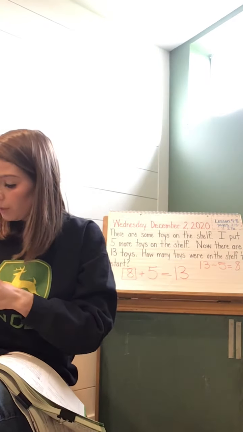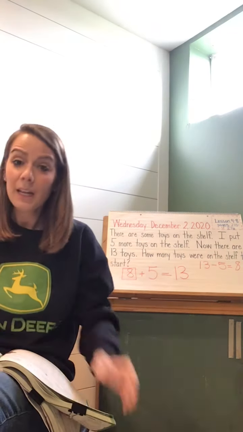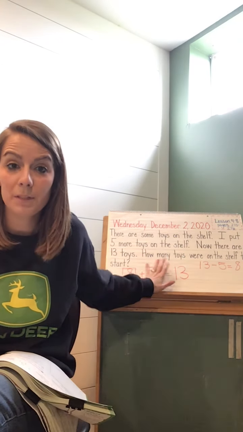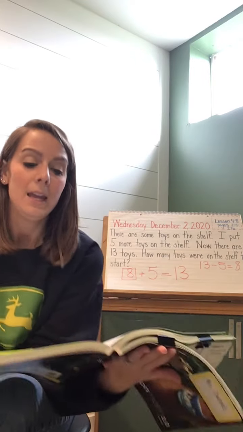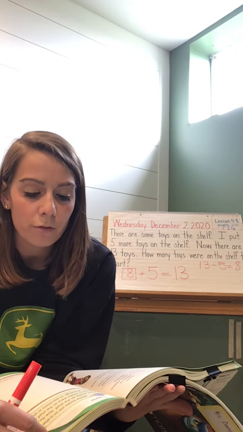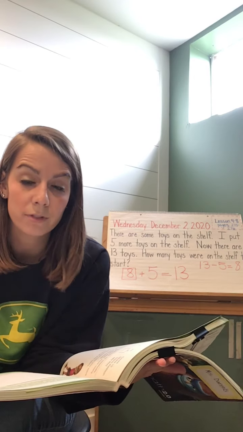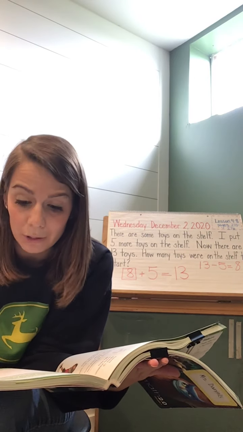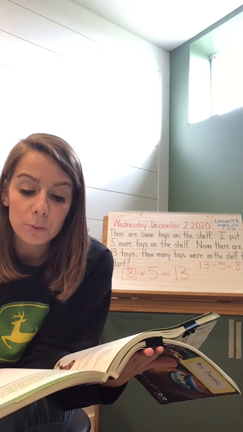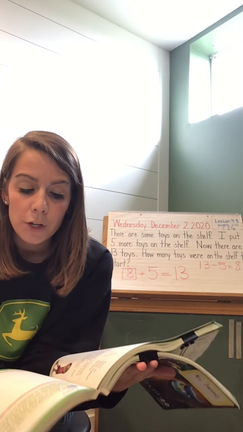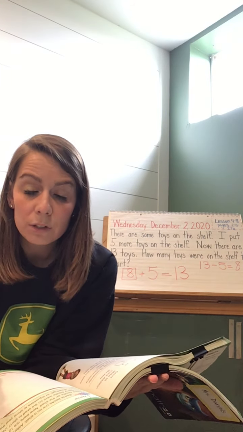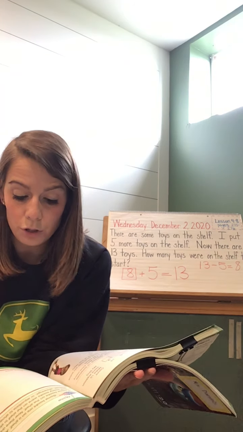Now on page 273, it has kind of the same problem as this one that I just did. It says there are some books on a shelf. Aiden puts 4 more books on the shelf. Now there are 12 books. How many books were on the shelf to start? Use objects, drawings, or equations to show your thinking.